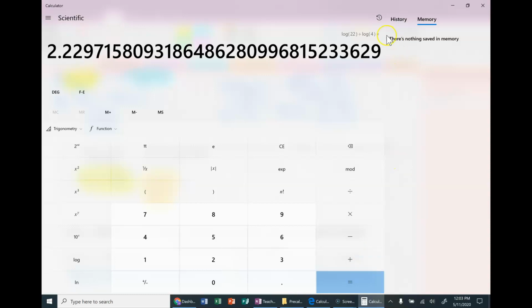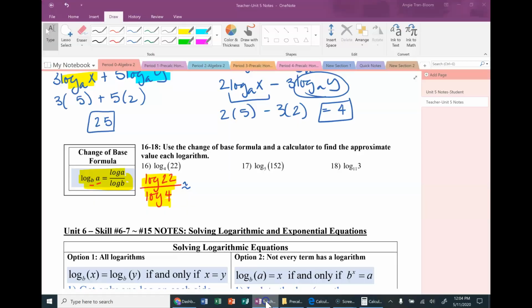So if you look at my screen up here on this top right corner where I'm circling right here, that's what it should show, which is about 2.23. So I'm going to go back and enter in about 2.23 for that answer. So 2.23. Box that up for approximation and box up your change of base.